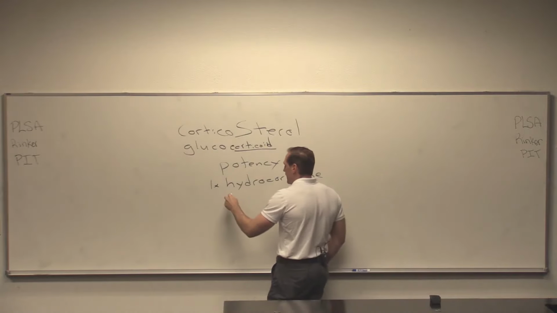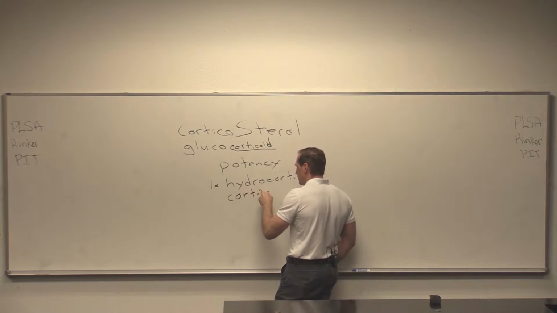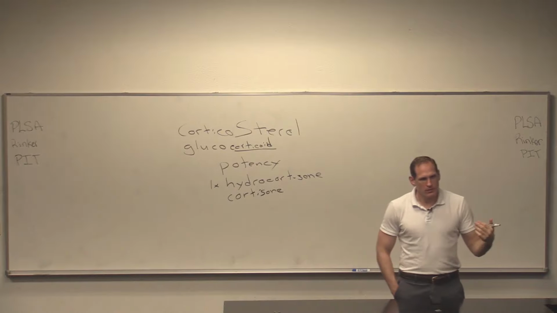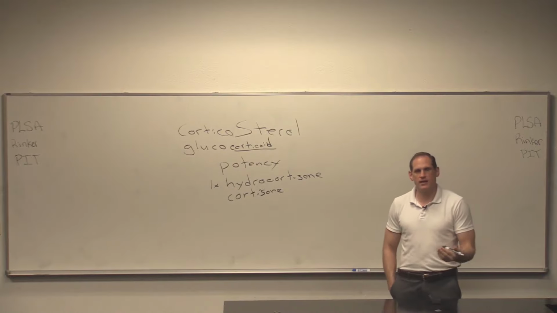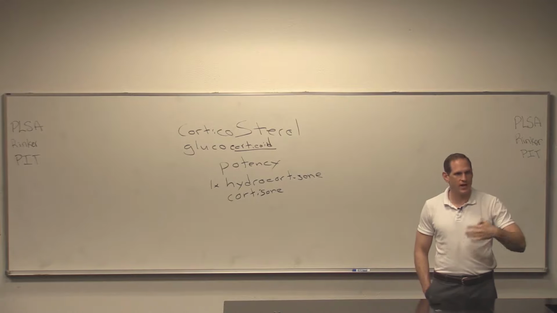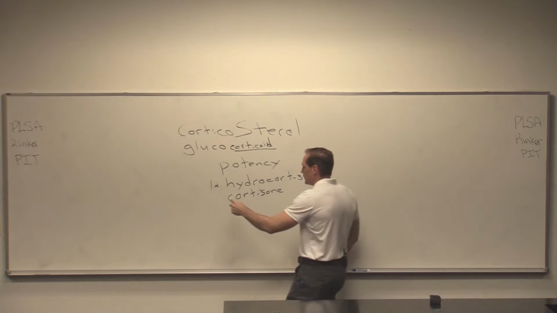Then, if we modify the hydrocortisone, take the hydro off, you end up with cortisone. Now, the thing about cortisone is that it can be given differently. It can be given PO, whereas hydrocortisone cannot be absorbed PO. It's also a 1-to-1 relationship.